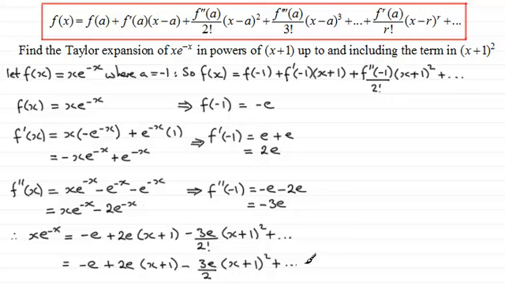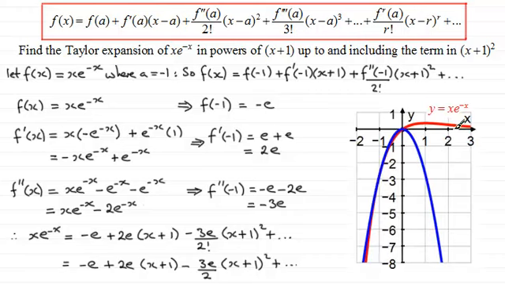Now, it'd be interesting at this stage just to compare the graphs of xe to the minus x with our Taylor's expansion of xe to the minus x. And I've done that for you here. You can see in red I've got the graph of y equals xe to the minus x, and in blue we've got the Taylor's expansion for that.